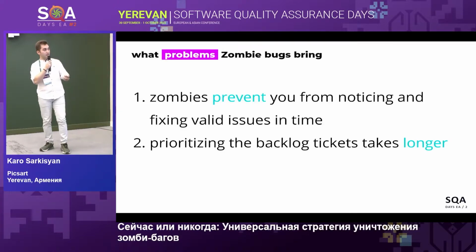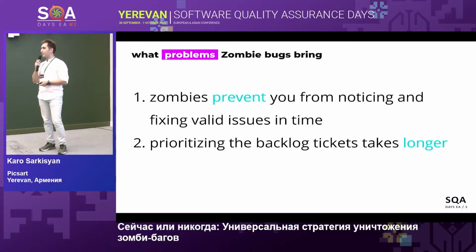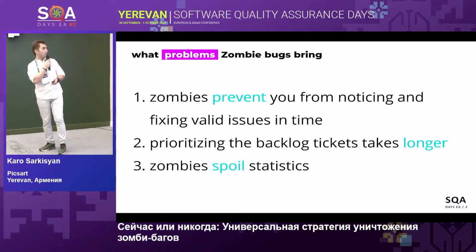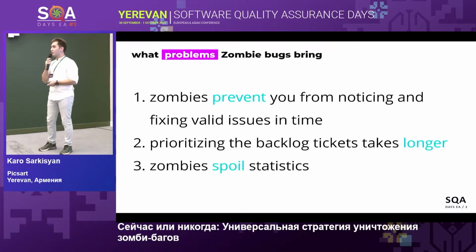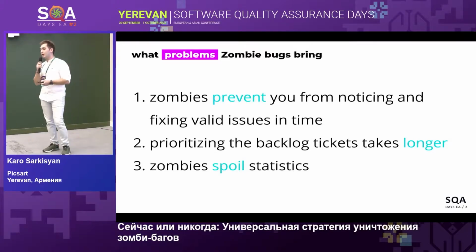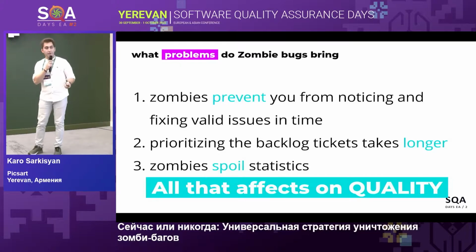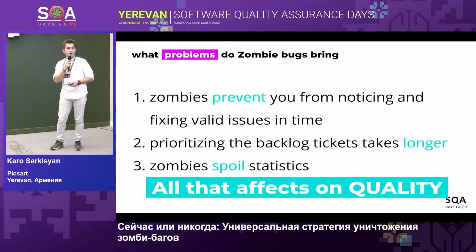The second, prioritization of the backlog tickets takes longer for the team. And of course, zombie bugs spoil your statistics. If you create a dashboard with bug numbers and have a lot of issues which are not valid anymore, it will not display accurate statistics. Of course, all that affects your quality.